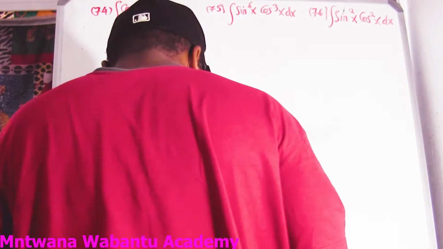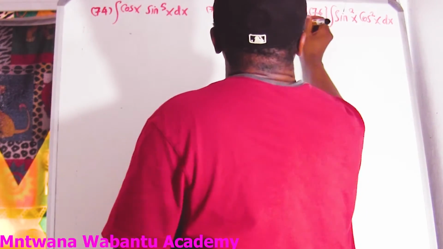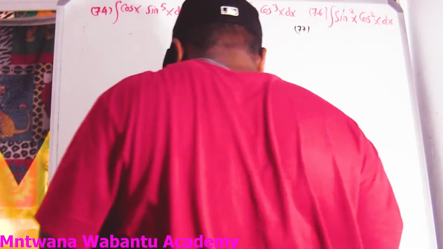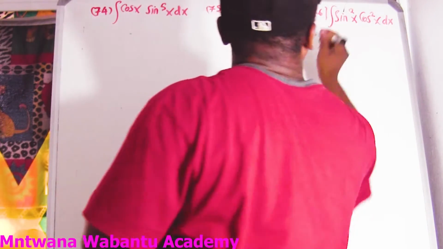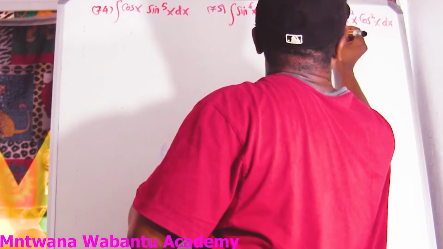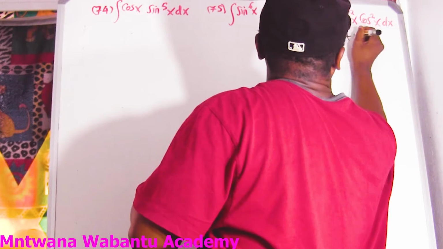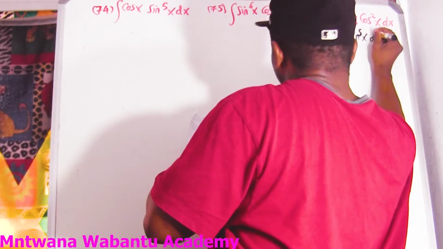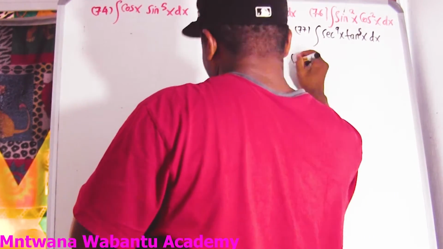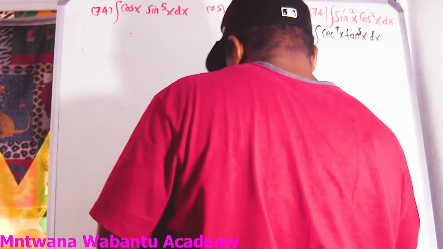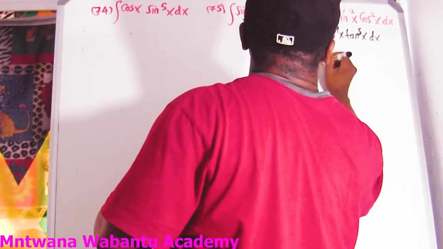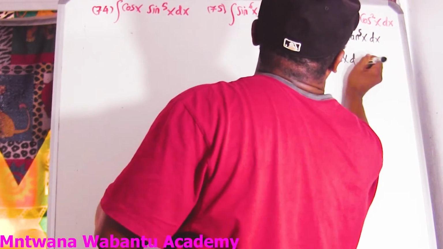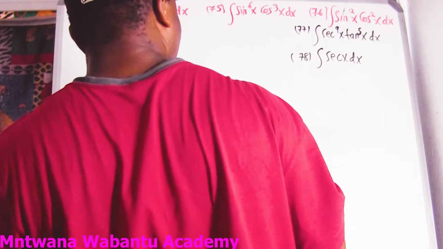Now 77, let me do here, 77: integral sec 9x tan 5x dx. 78: integral sec dx.